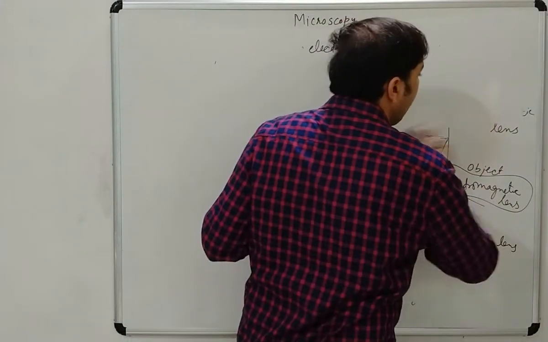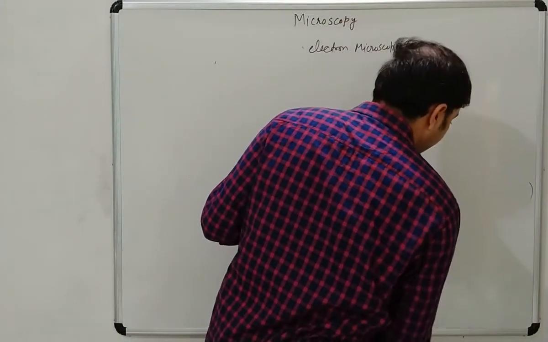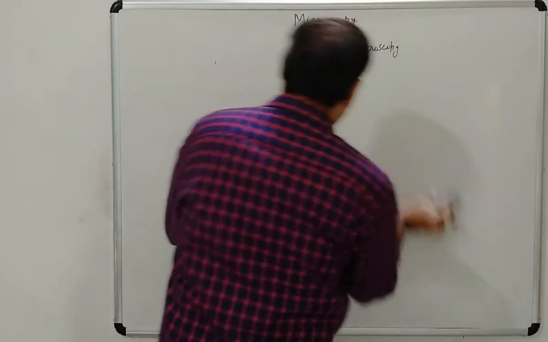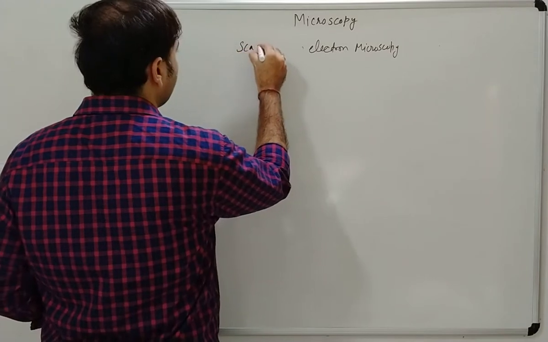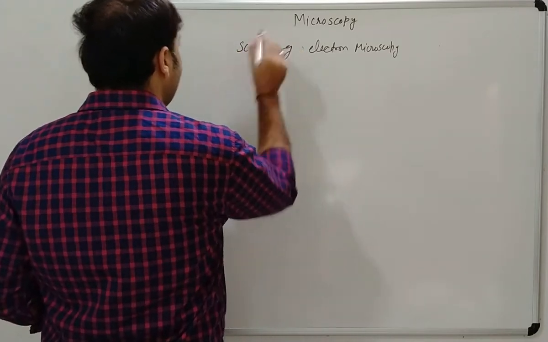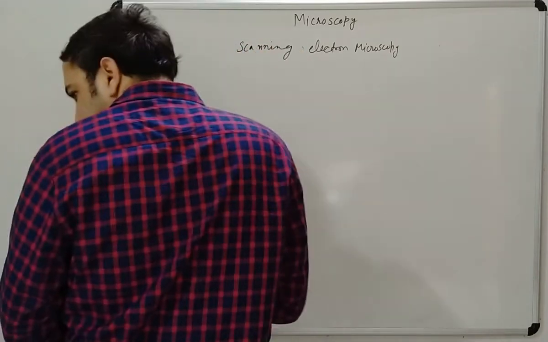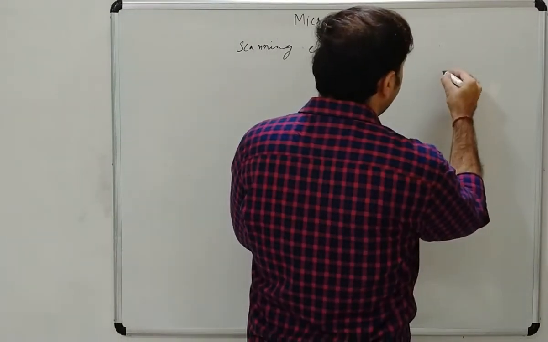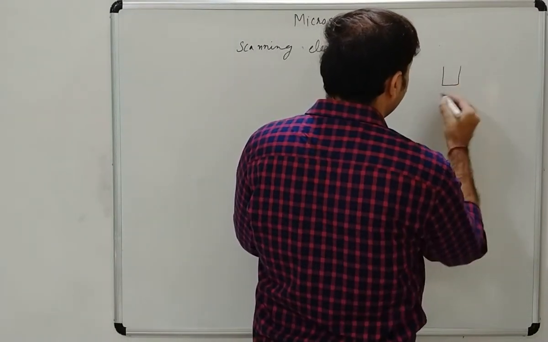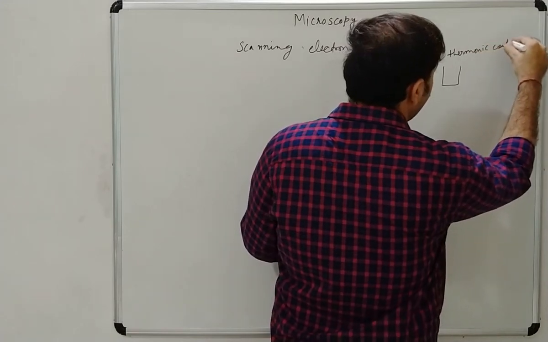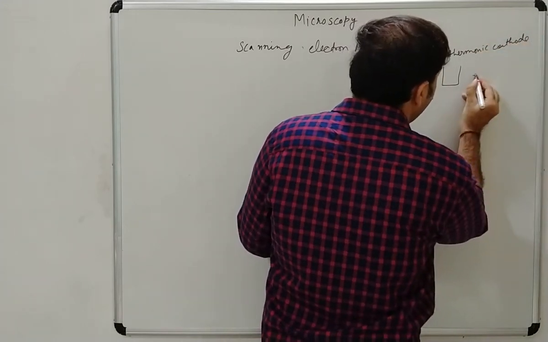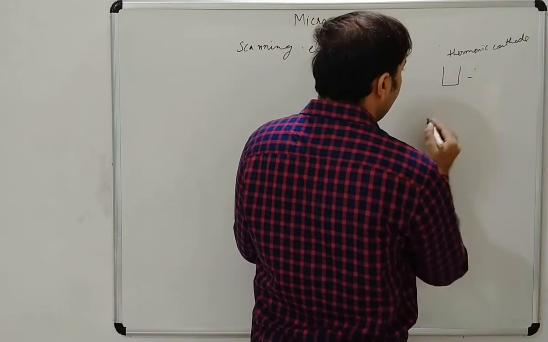Friends, in this topic we have to first understand the working principle; nothing else is important to us. Scanning electron microscopy is there. Now we have a thermionic cathode, with positive charge.